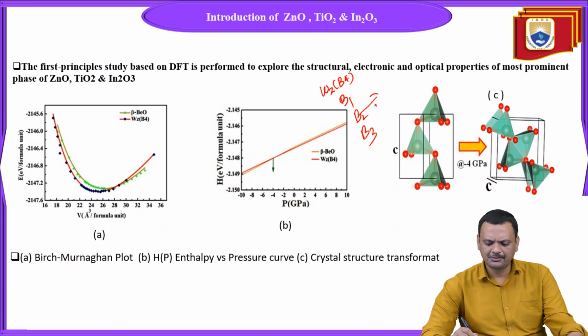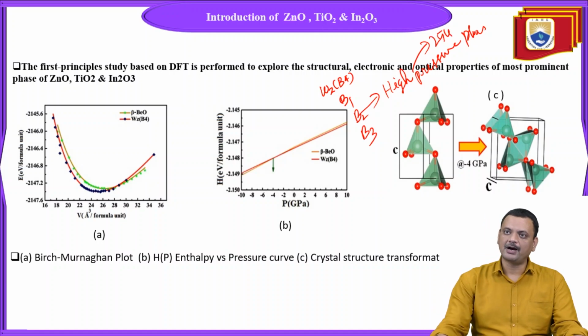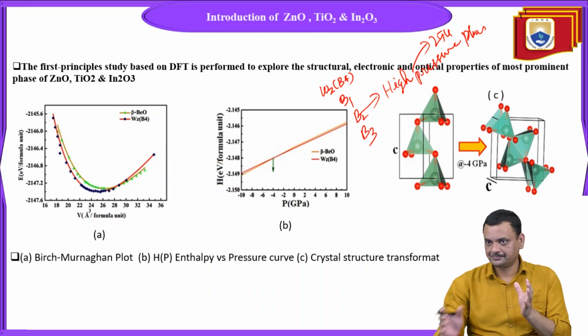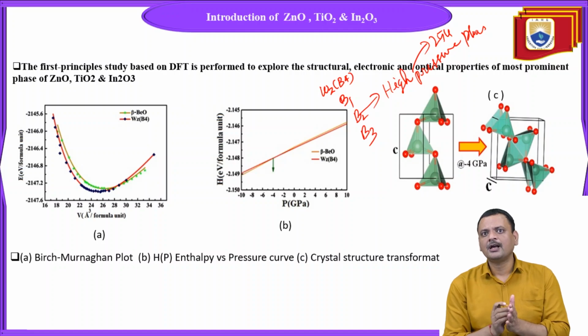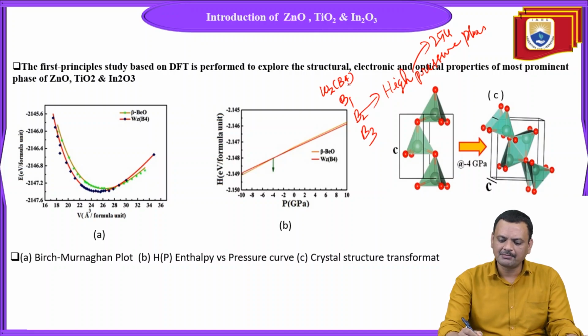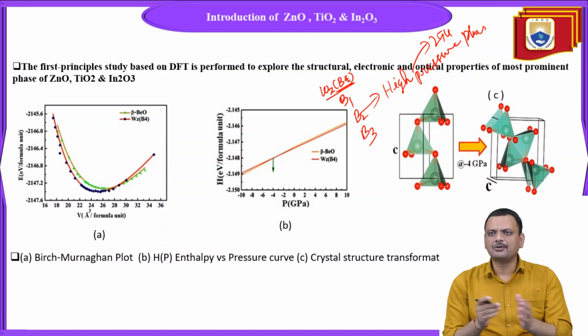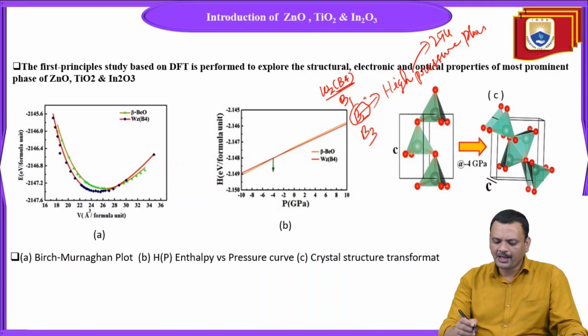Basically, B2 is a high pressure phase and it occurs at around 254 or nearly 240 gigapascal. Once you reach that pressure, the ambient condition phase, meaning normal temperature and pressure, named B4, converts into B2. So that's why I am not considering the B2 phase.